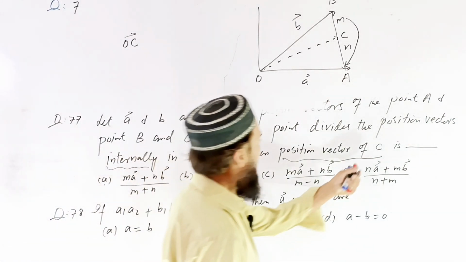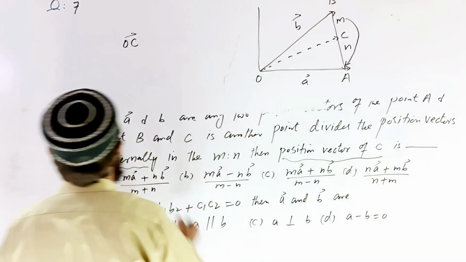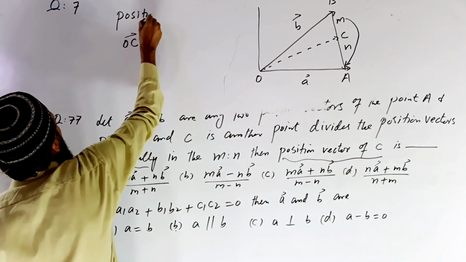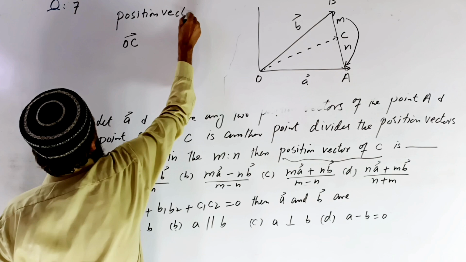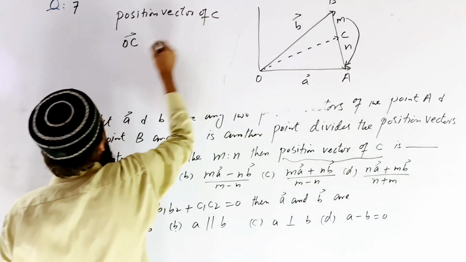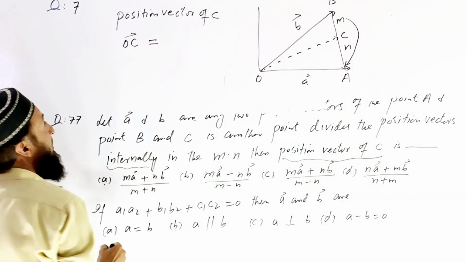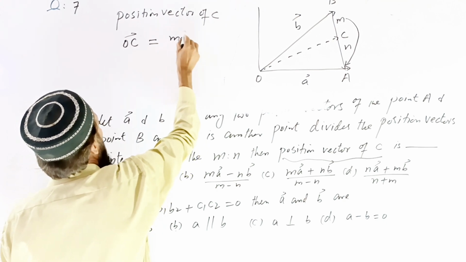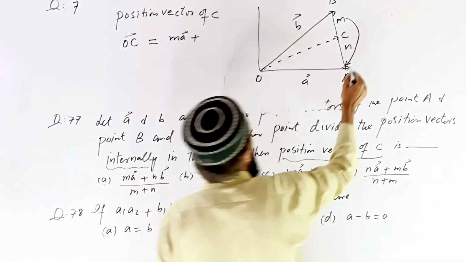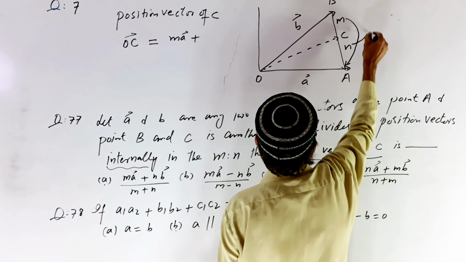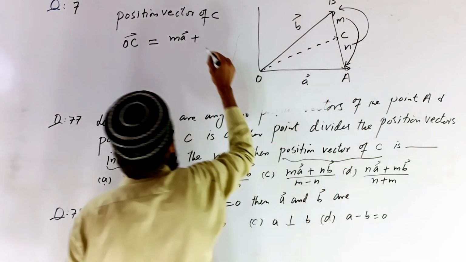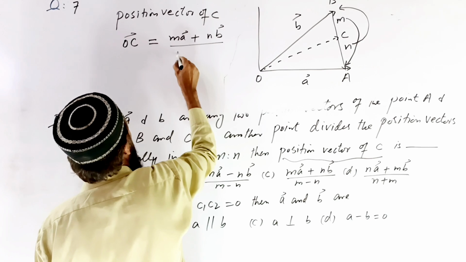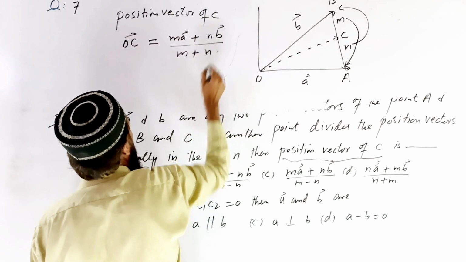We can represent the position vector of C, OC, as m times OB plus n times OA, divided by m plus n.